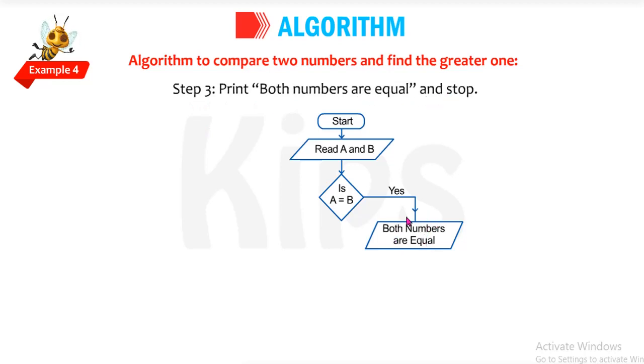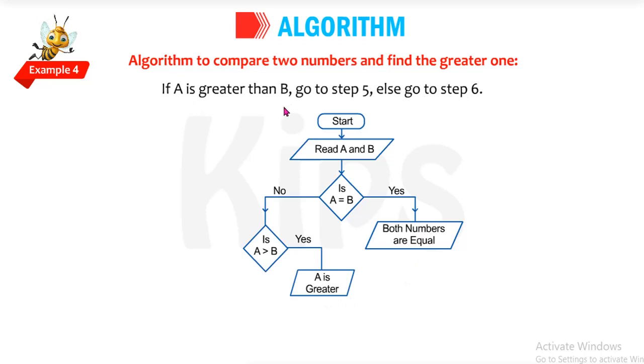See, this is another step. Here, this is the output box. This is the input box, this is output. That means if it is yes, you give both numbers are equal, if A is equal to 10, B is equal to 10. And you stop it. If A is greater than B, go to step 5, else go to step 6. A is equal to 10, we have given B is equal to 20. Is it same?